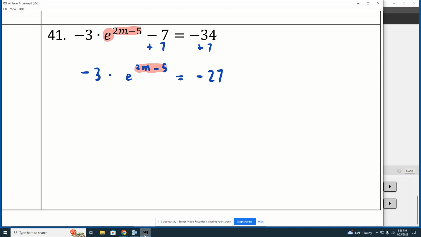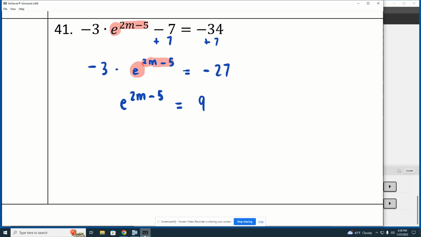Look, I'm still trying to get this exponent and its base alone. So how do I move that negative 3 that is multiplying by it? I divide. So when I divide negative 27 by negative 3, I get a positive 9. So here's my exponential equation. It's a base e.